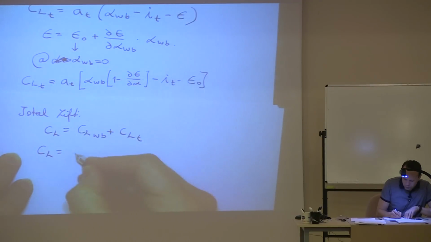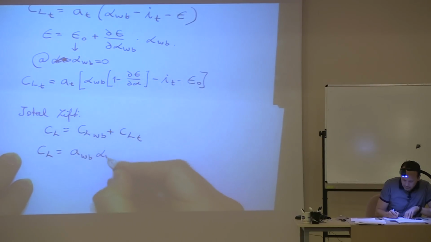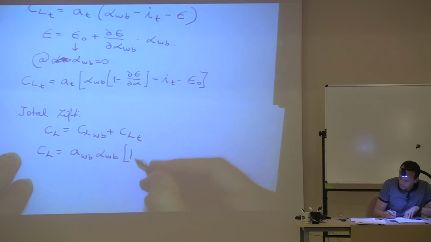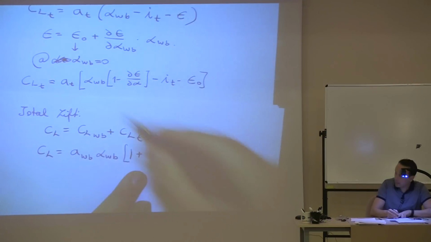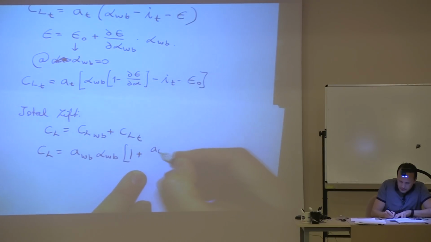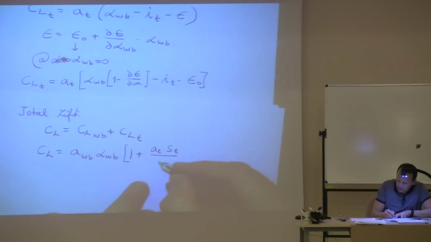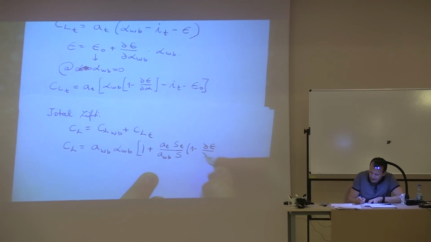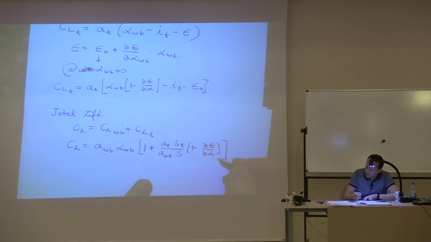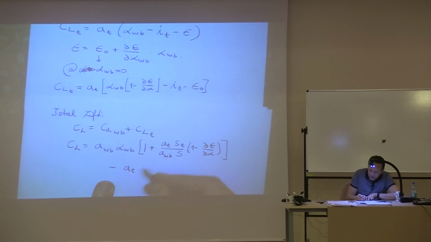So it will be CL equal to lift curve slope of wing body, alpha wing body, times 1 plus, I'm now putting this into the parenthesis, times AT tail over A wing body times S tail over S, times 1 minus del epsilon del alpha, minus AT times the surface of the tail over the surface of the wing, or yeah, reference area, times IT plus epsilon 0.